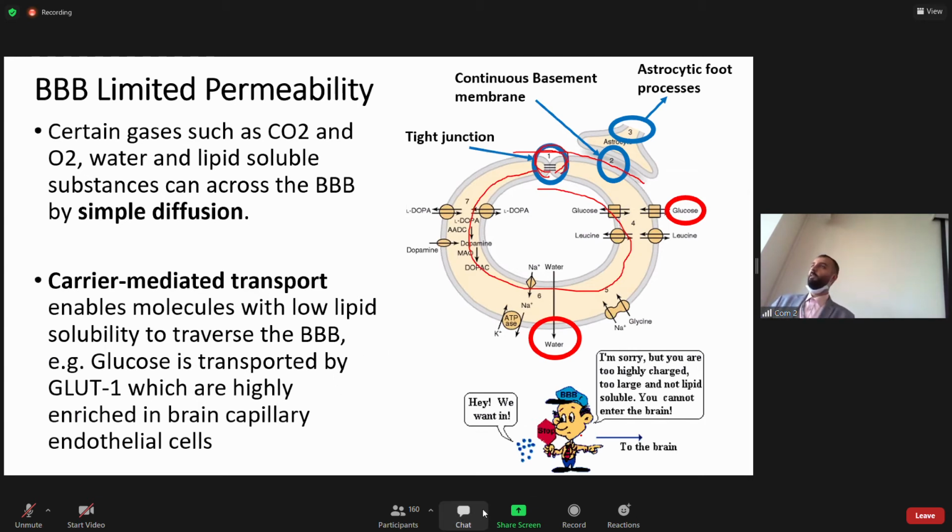They can cross the blood-brain barrier by simple diffusion, okay? Others have to go through carrier-mediated transport, like glucose, okay? It has to go through glucose transporters, like GLUT1.